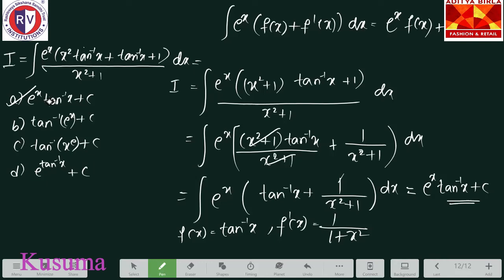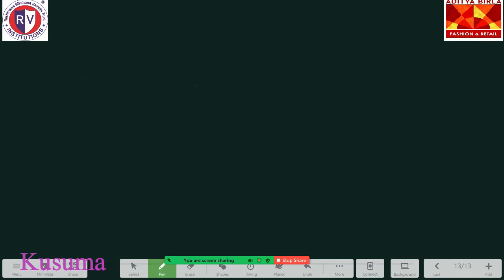So look at the next question, question number 47. You have to find out the value of integration from minus pi by 4 to plus pi by 4 of sin x to the power 103 into cos x to the power 101 into dx.